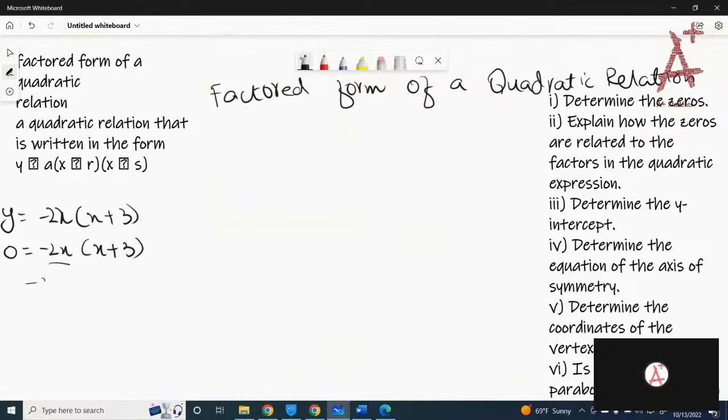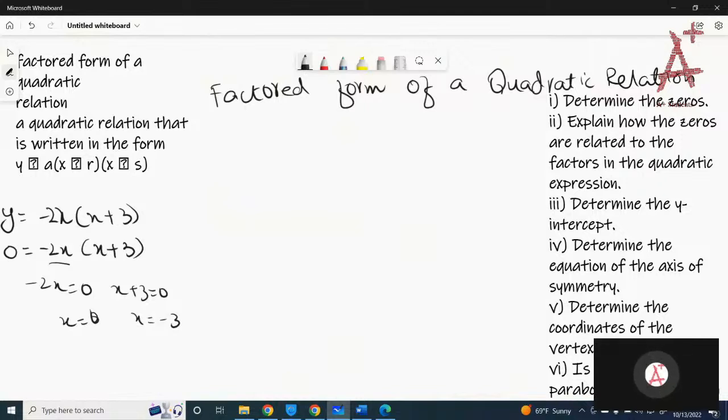That means negative 2x equals 0 and x plus 3 equals 0. So x equals 0 from negative 2x equals 0, and from the other one x equals negative 3. Got it? So the zeros of the equation are 0 and negative 3.